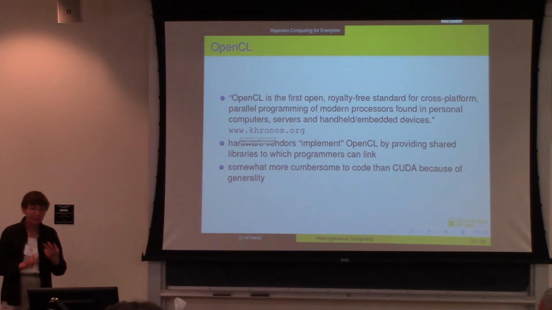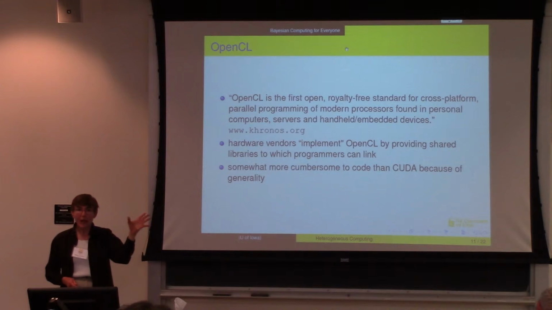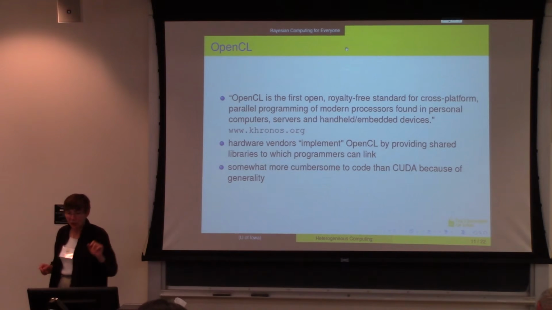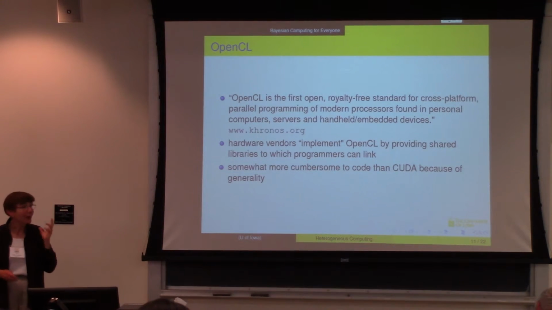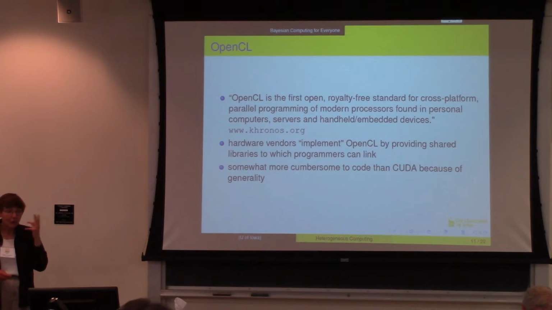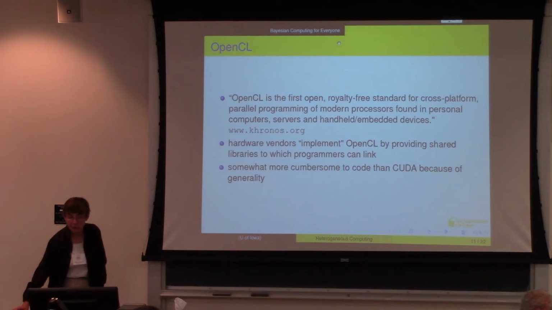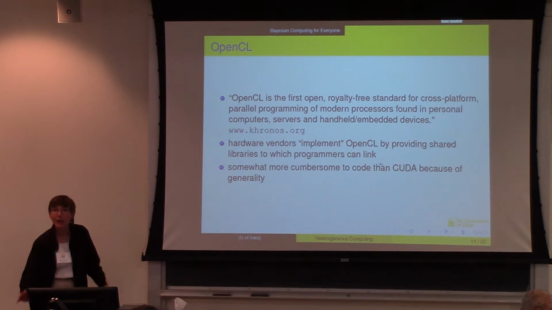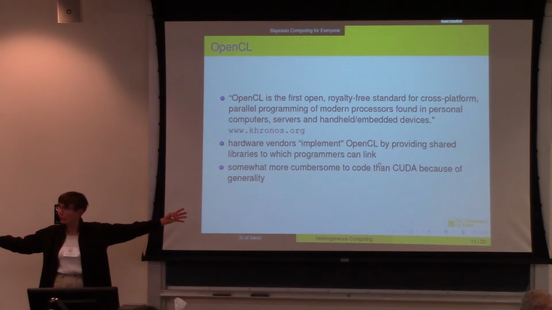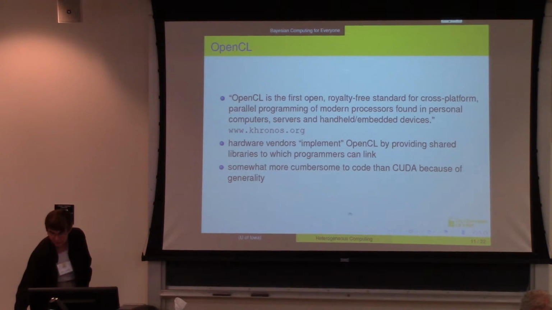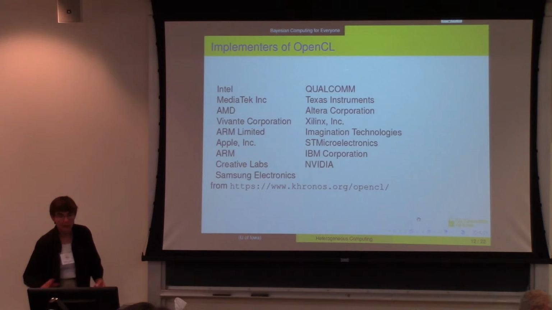We are getting more. So hardware vendors implement the OpenCL standard by providing shared libraries to which programmers can link programs. So it's somewhat more cumbersome for the programmer to code in OpenCL than in CUDA, just because of this generalizability. It can run on so many different kinds of hardware. I think that's probably why OpenCL has not become popular.